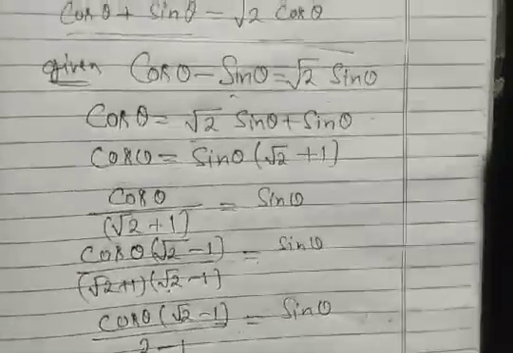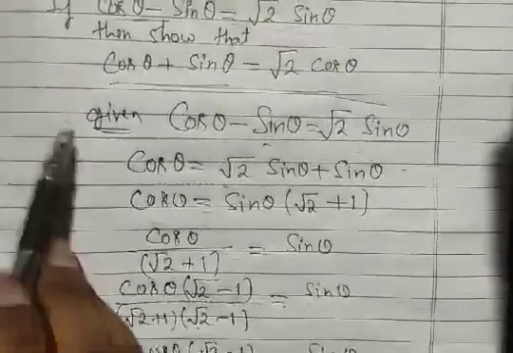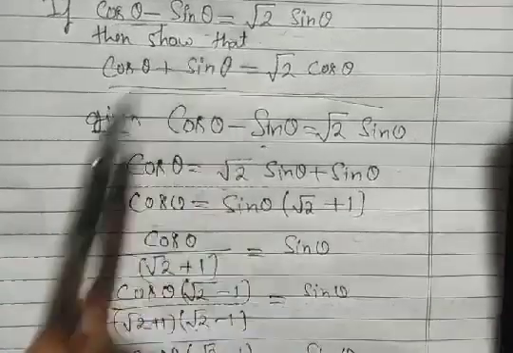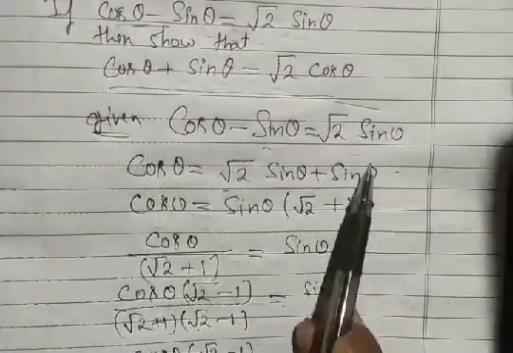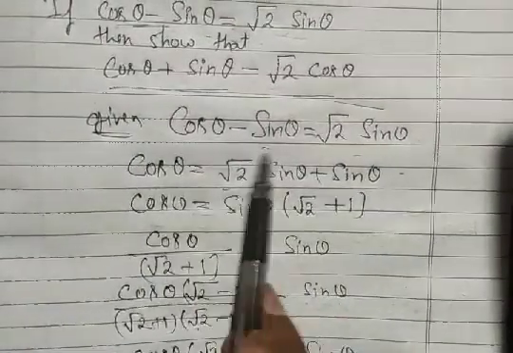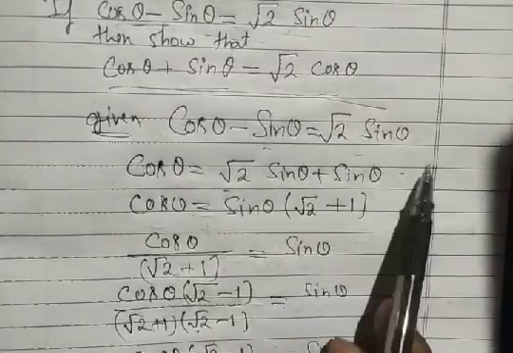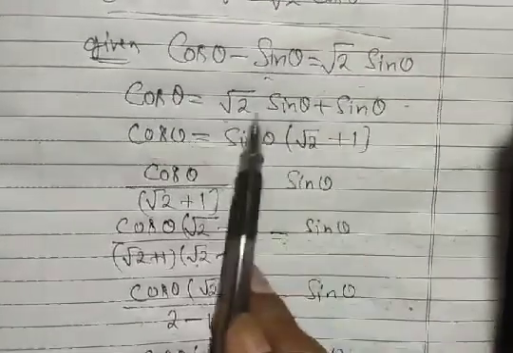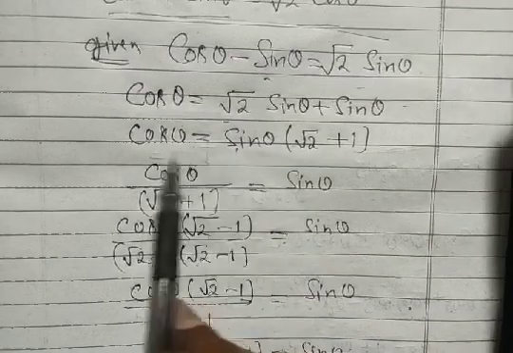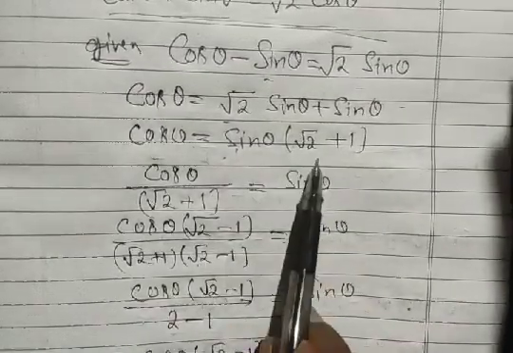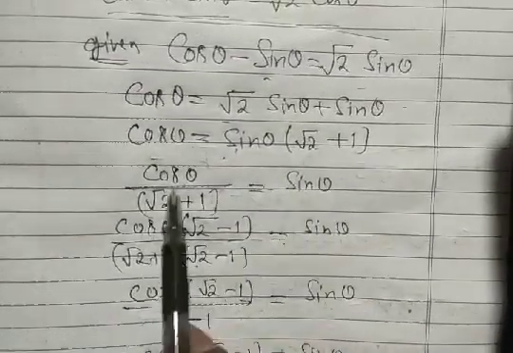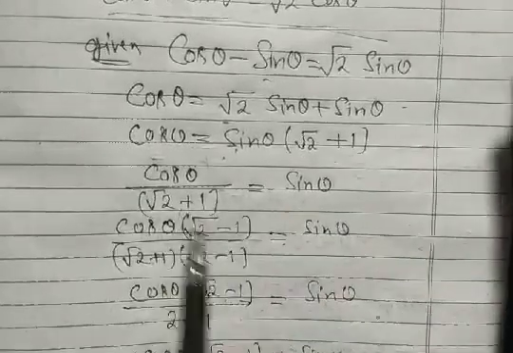Now I am going to explain what I did here. We start with our given part, cos theta minus sin theta equal to root 2 sin theta. Then we shift sin theta to the right side and take sin theta common. After that, we divide the left side by the constant part, root 2 plus 1.